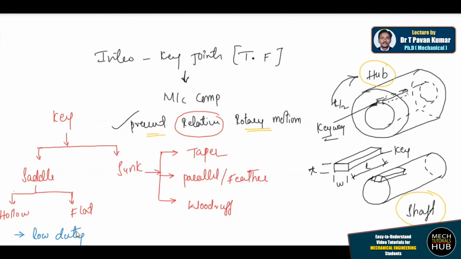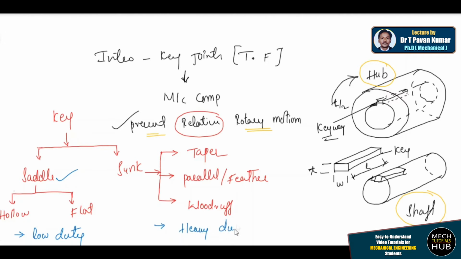Low duty in the sense that the loading conditions are not so high, maybe the pressures or forces which the elements are going to take are not so high. So in such areas where low duty or low load conditions are considered, saddle keys are used, whereas sunk keys are used in heavy duty applications.